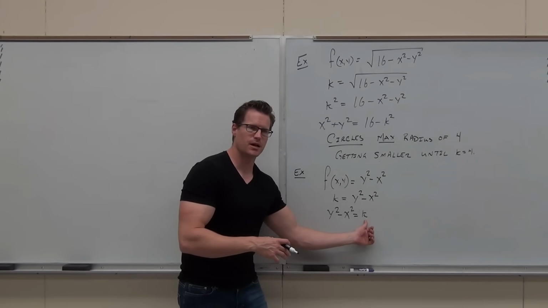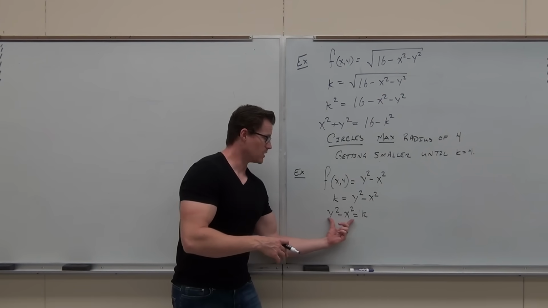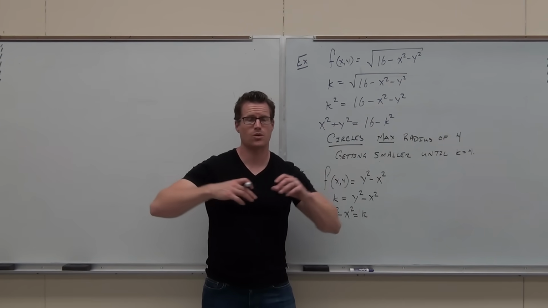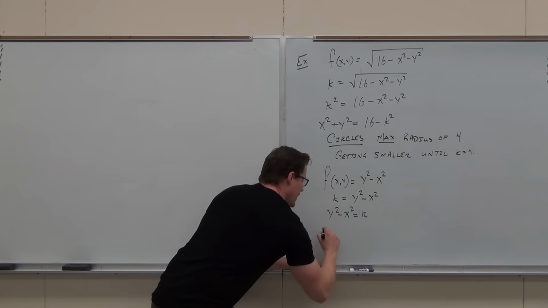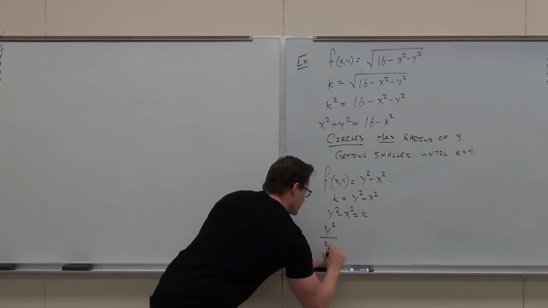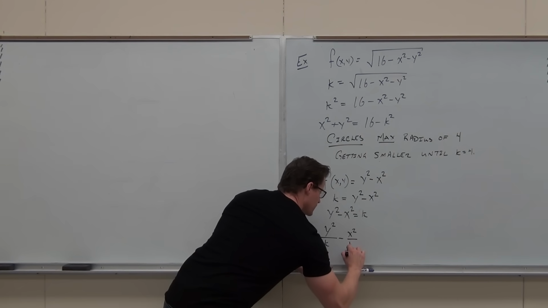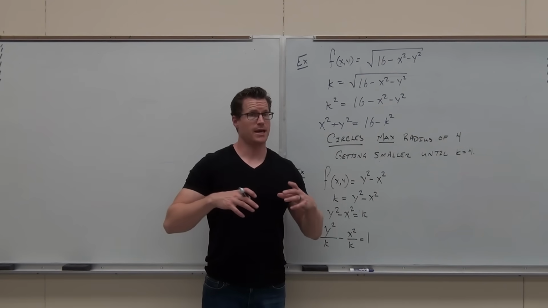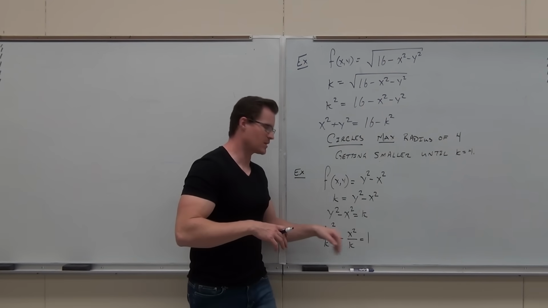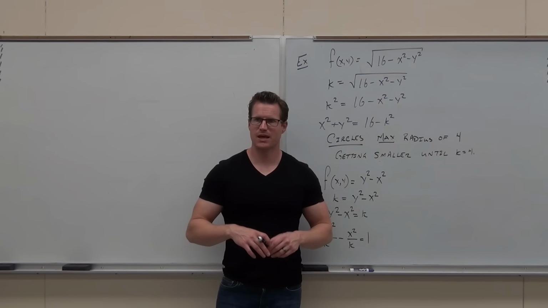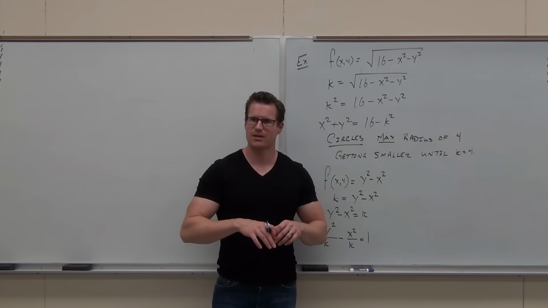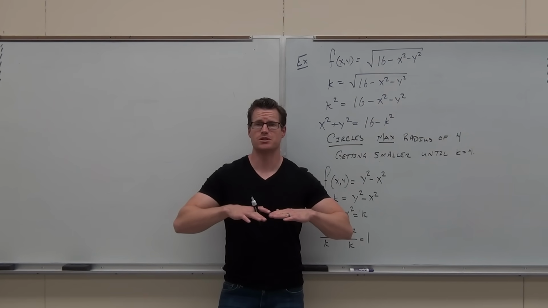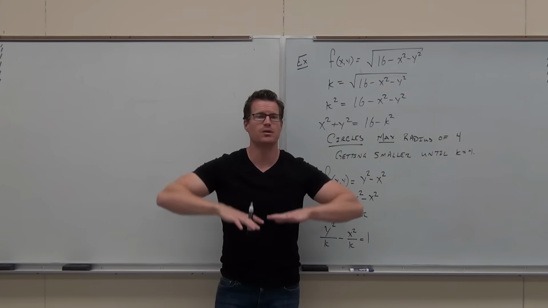If I start plugging in numbers, I go, wow, that looks a lot like hyperbolas. Do you guys see it? Hyperbolas along the y-axis or the x-axis. If I divide it by k, it's even more clear. These are hyperbolas. They're either along the x or the y, depending on the value of k. For positive k, they're along the y. For negative k, they're along the x. So you can tell that there's going to be a major difference between these above the xy plane and below.